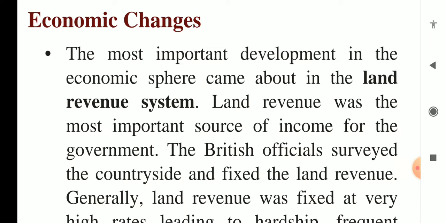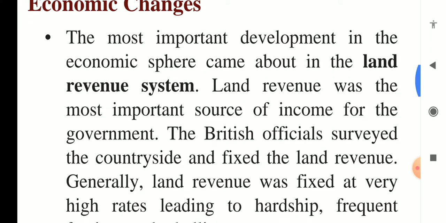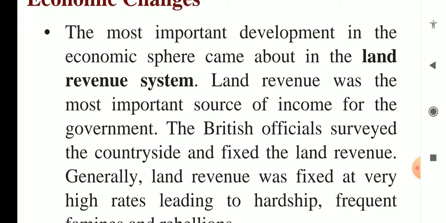Countryside means villages. They surveyed villages and they fixed the land revenue. For example, after coming to a particular farm, the British would tell that farmer that on the basis of your size and the crop you are practicing, you have to pay such an amount as tax. That is called fixing the land revenue.